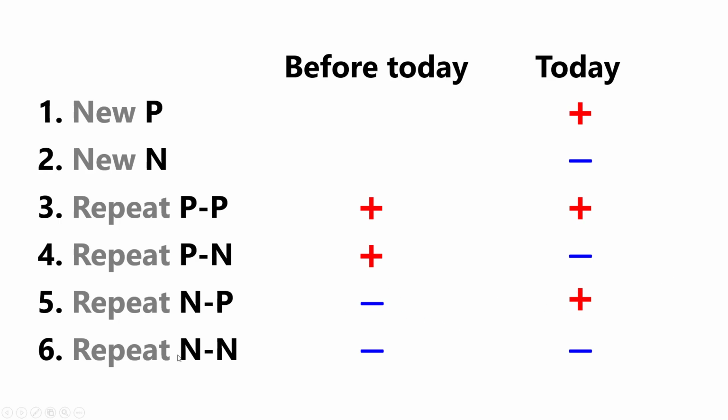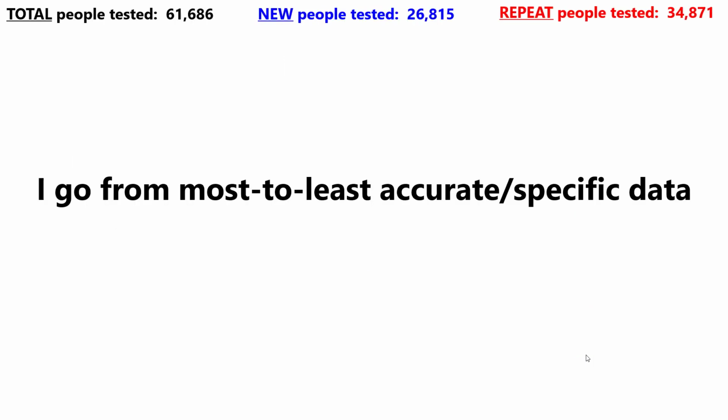And last but not least, the repeat negative to negative is somebody who has only had negative test results in their history prior until today, and then today they also test negative again. So hopefully that makes sense on the 6 different types that we're trying to get under the hood of. So I'm going to go from most to least accurate or specific data.